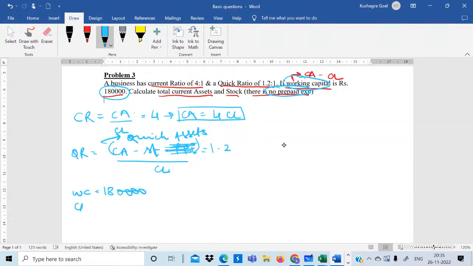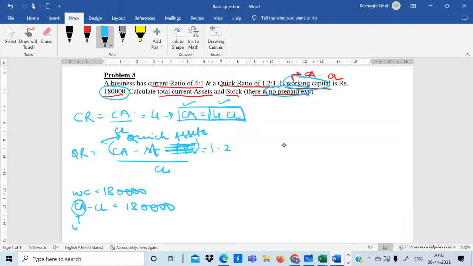Working capital is nothing but current asset minus current liability, and that is 1,80,000. Now I already know that my current asset is 4 times current liability. So instead of writing current assets over here, can I replace it and say that it is the same as 4 current liability?